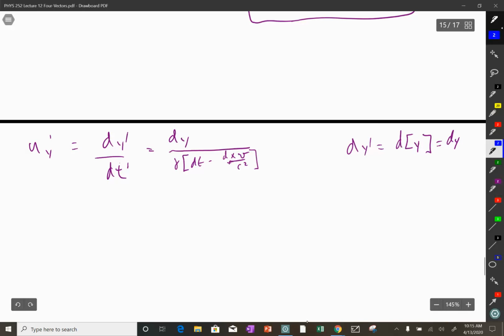And using the same trick as before, I divide everything by dt. And I end up with dy/dt is uy. Notice I couldn't cancel my gamma this time. Dt/dt is 1 minus ux.